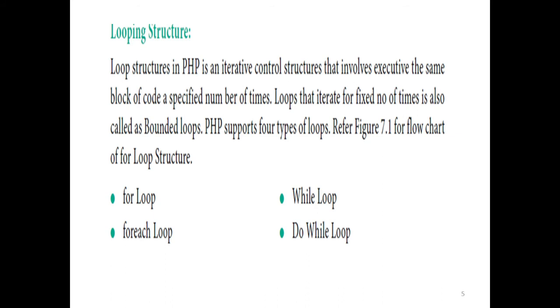In PHP, the looping structure can be classified into four types. What are they? For loop, while loop, for each loop, and do while loop. First one, for loop. The for loop is used when you know how many times you want to execute a statement or block of statements.